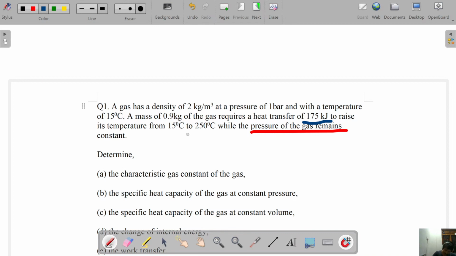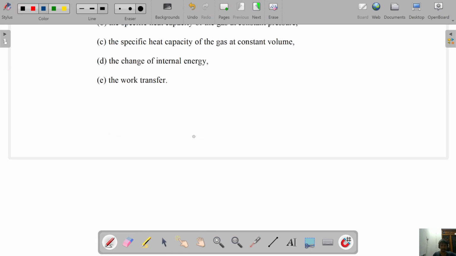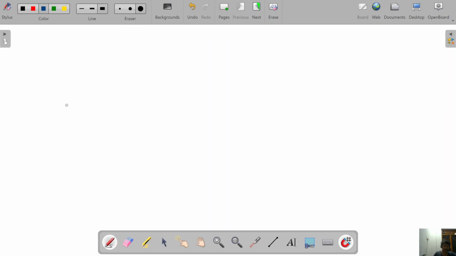We want the 175 kilojoule. This is the real question.